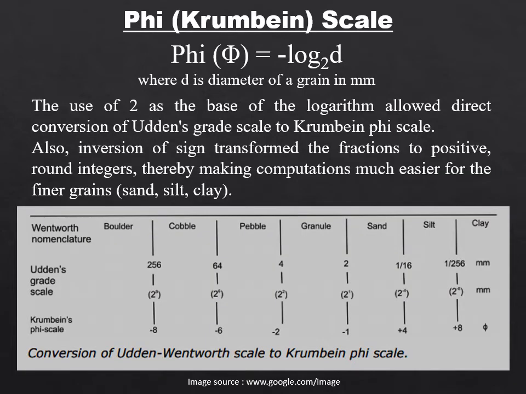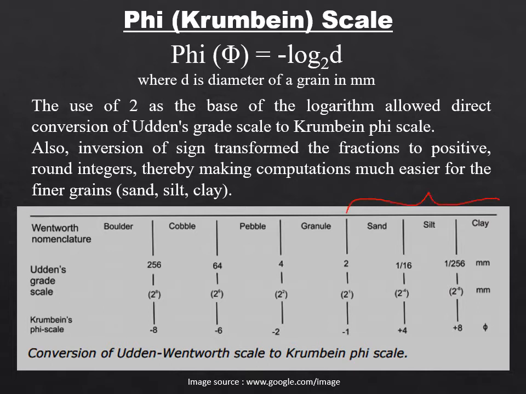Now, after the Udden-Wentworth grade scale, people found some problems whenever they tried to do mathematical calculations while studying sedimentary grain size in sedimentology. The most frequent sediment size class one encounters in nature is from sand and below.